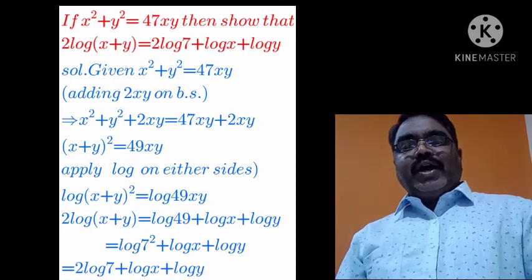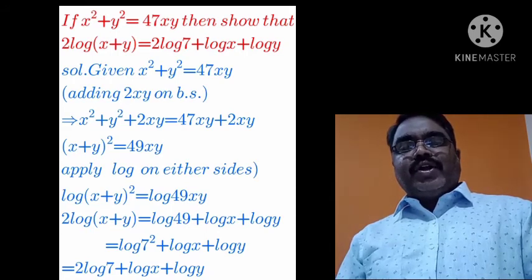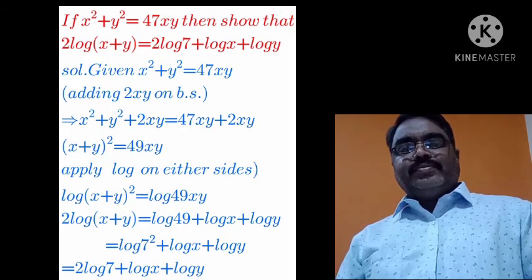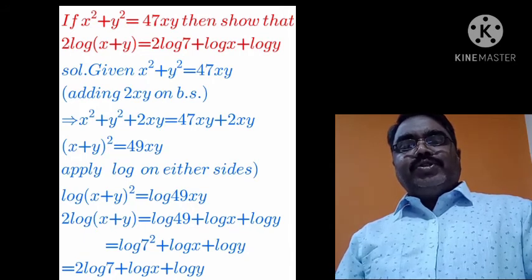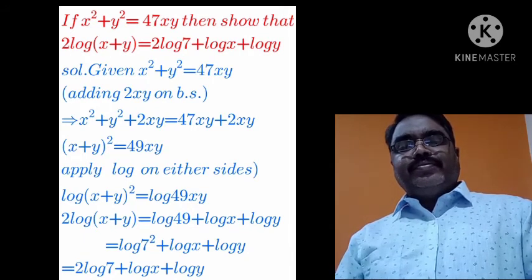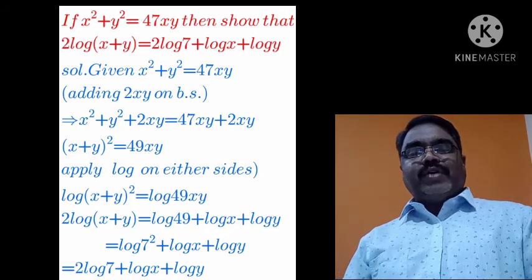Here given that x square plus y square equal to 47xy. By adding 2xy on both sides of this equation, we get x square plus y square plus 2xy is equal to 47xy plus 2xy.